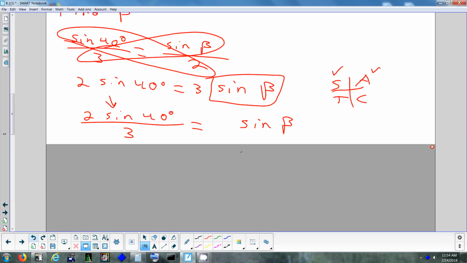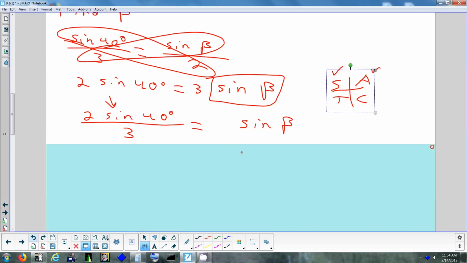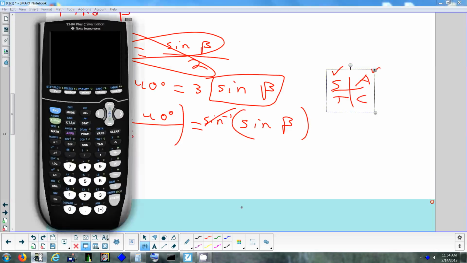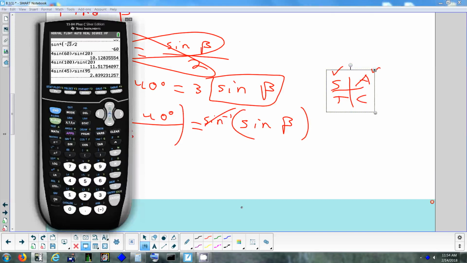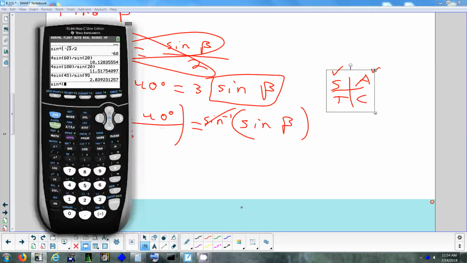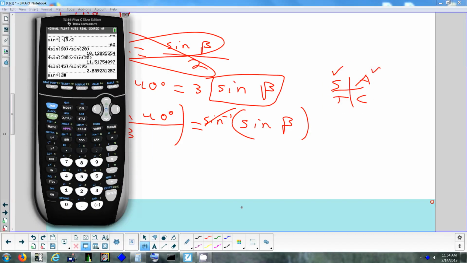How do you get the answer in quadrant 2? What's the formula again? It's 180 minus what you got. So the first thing we have to do is just see, what do we get? Let's find the answer in quadrant 1. So second, inverse sine. Type that all in one step. 2 sine 40 over 3.